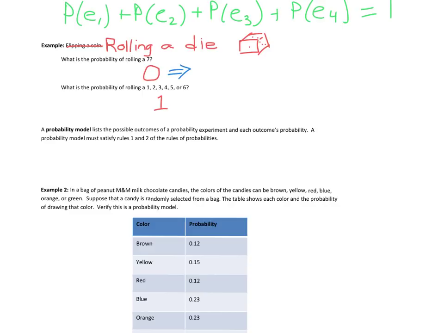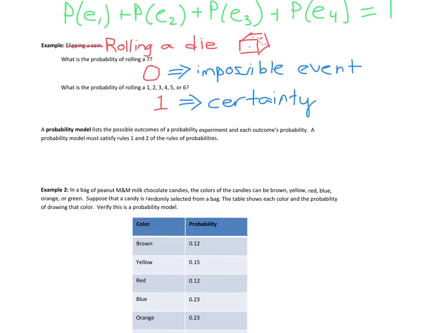When the probability is 0, it's called an impossible event. And when the probability is 1, it's called a certainty.